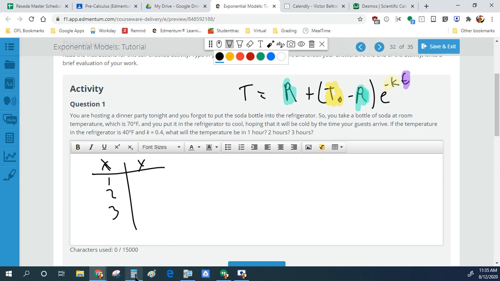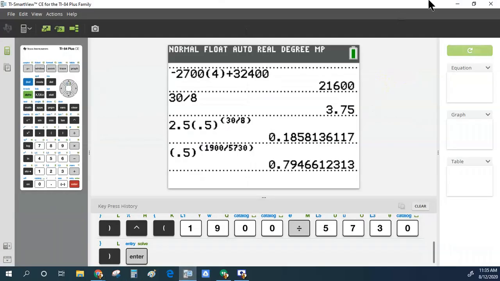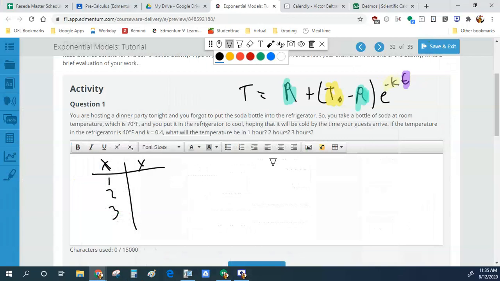This is the part where a graphing calculator comes in pretty handy. So let's identify our variables. And I recommend typing this in when you're typing it. R equals, so the area around us equals, what's room temperature? The fridge is that much.